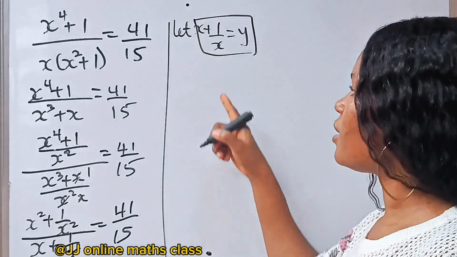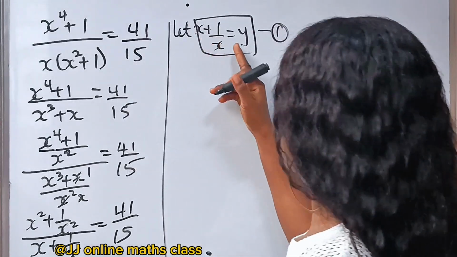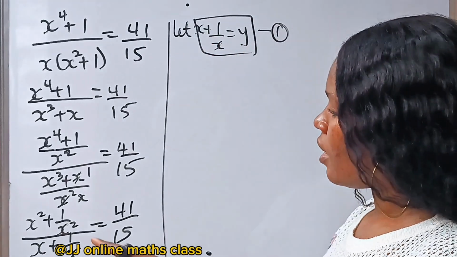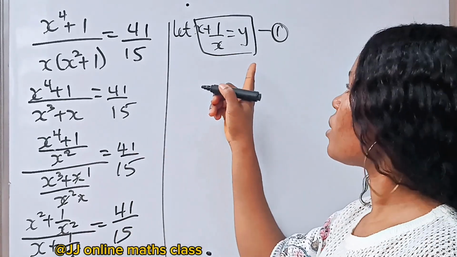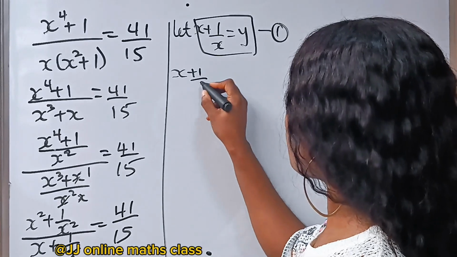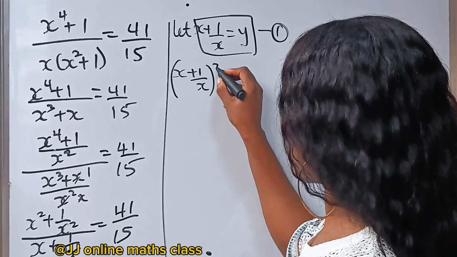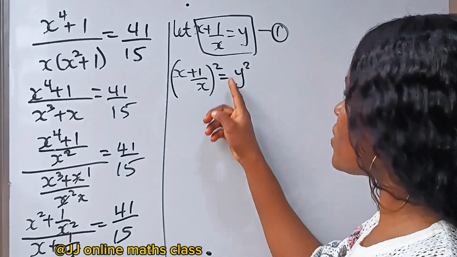Let's call this equation 1. Then let's square both sides of this equation, so we have x plus 1 over x, all squared, is equal to y squared.